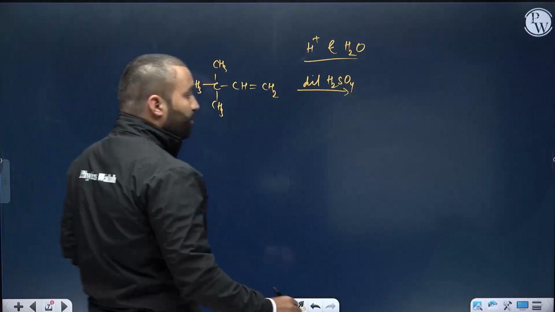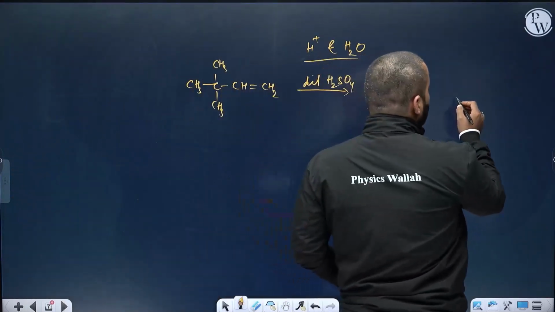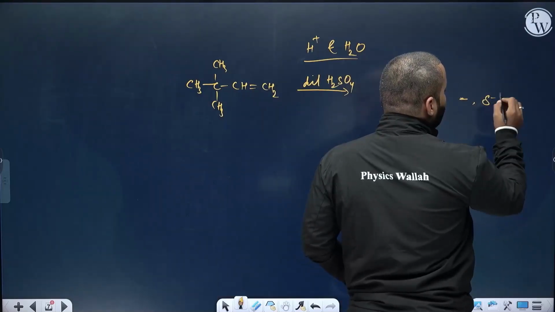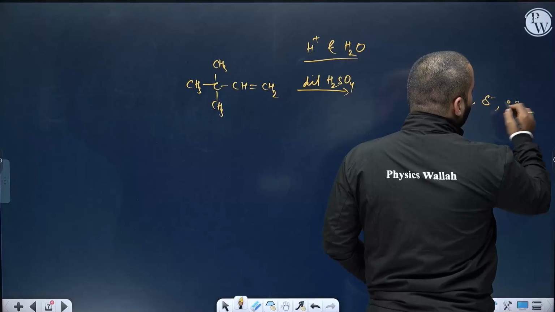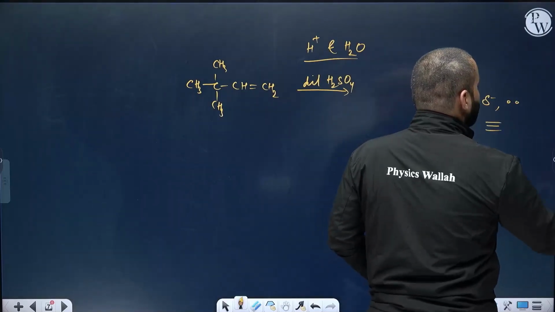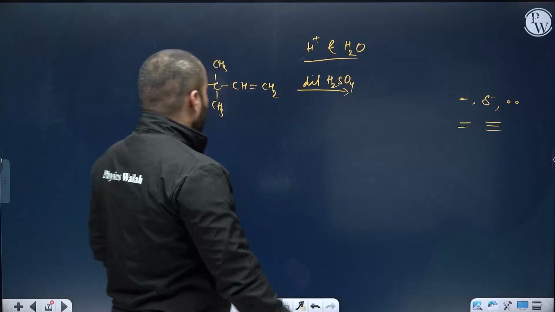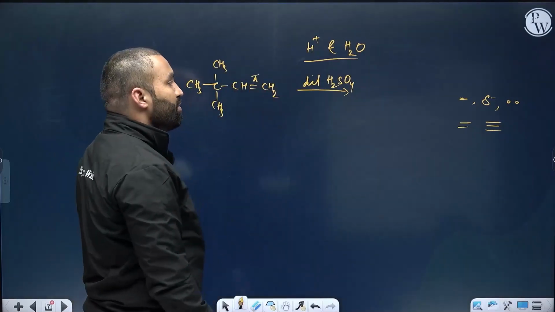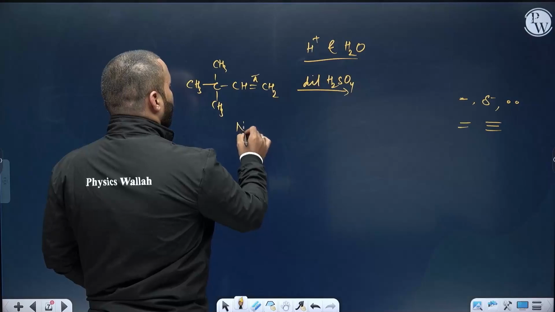Nucleophiles have either a full negative charge, or a delta negative charge, or lone pairs, or a carbon-carbon double bond, triple bond, benzene, etc. Do you see that in this molecule there is a pi bond here? The pi bond makes this molecule a nucleophile.